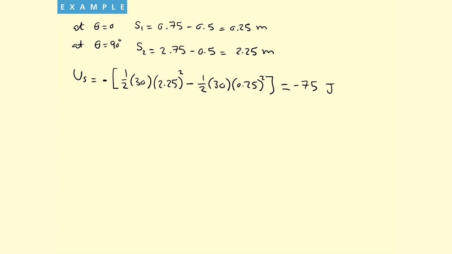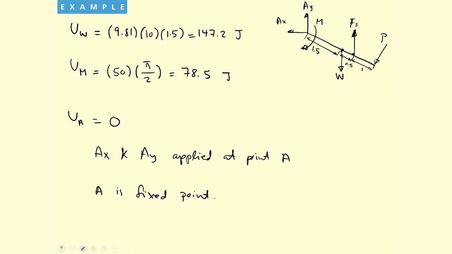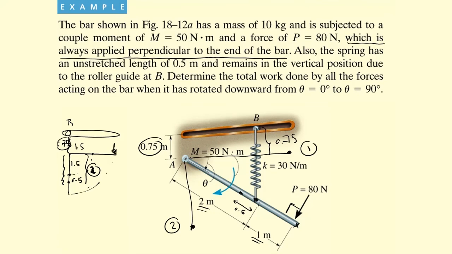Now we want to do the work done by the force P, which is always perpendicular. If you look at it here, the force P used to be here, and now it is here. So it is related to the rotational movement of the bar, but the force P has to be multiplied by a distance. So I can relate theta with S. I know that it moved from 0 to 90 degrees, from 0 to pi over 2.